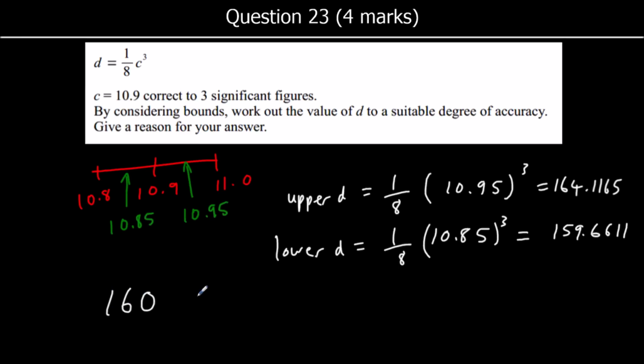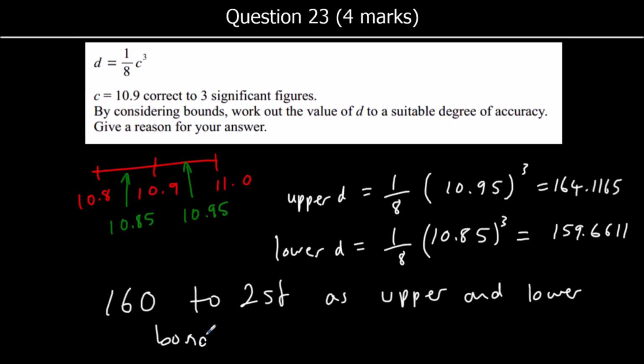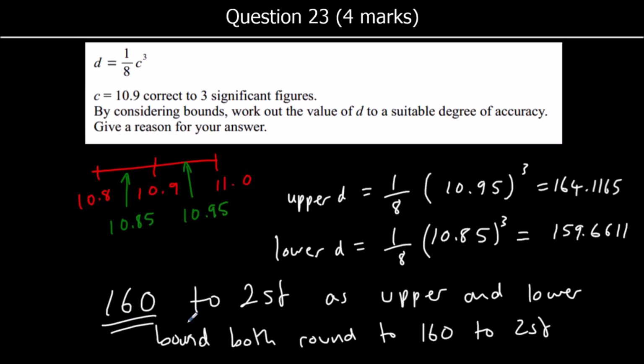So 160 to two significant figures as upper and lower bound both round to 160 to two significant figures. So our answer is 160.